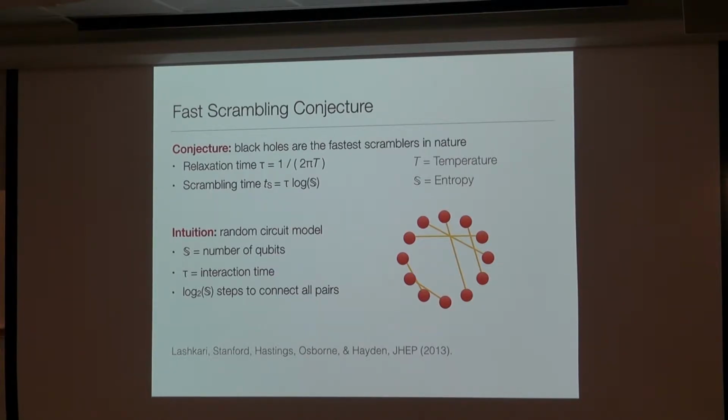Is this relaxation time always related to temperature or the strength of the local interactions? So either of these could come in. In the black hole case, there's only one time scale, which is set by the temperature. In a generic quantum many-body system, you can imagine that the strength of interactions could come in, and the temperature could come in.